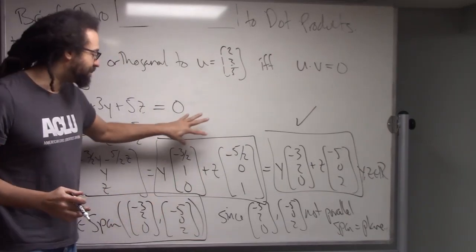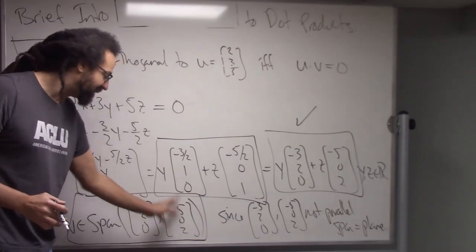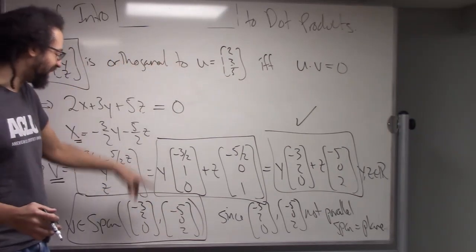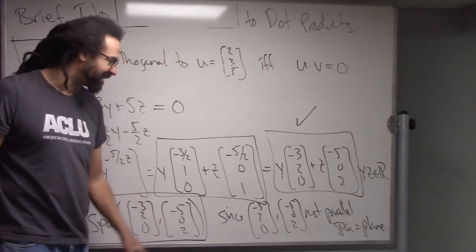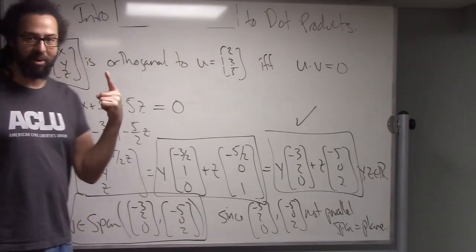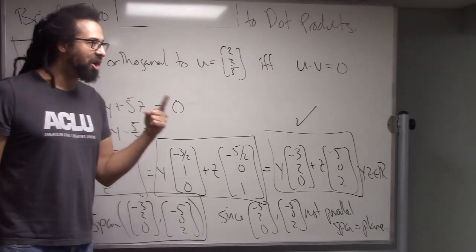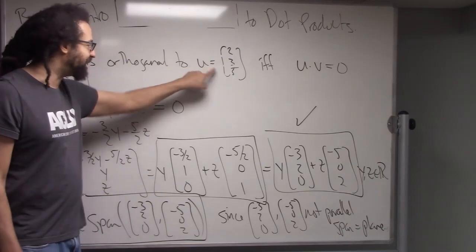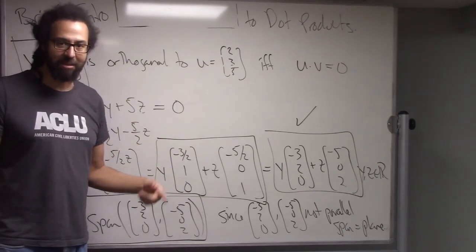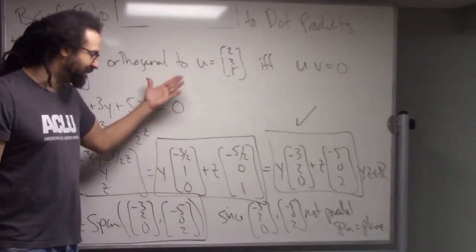And that plane is spanned by these two things. So when you work this out, you'll always come to this kind of thing at the end. So you want to memorize that. The set of all vectors perpendicular to a given non-zero vector is a plane. And so here's sort of the verification of that fact.